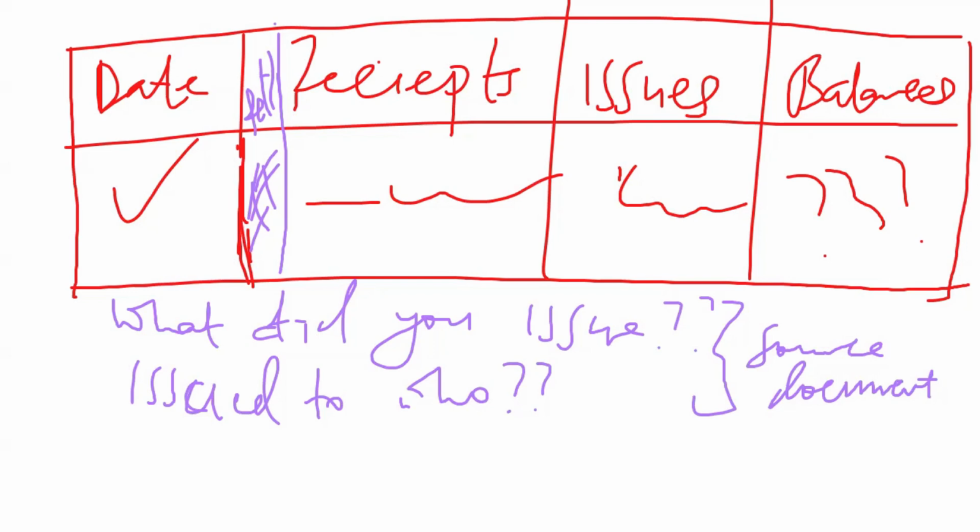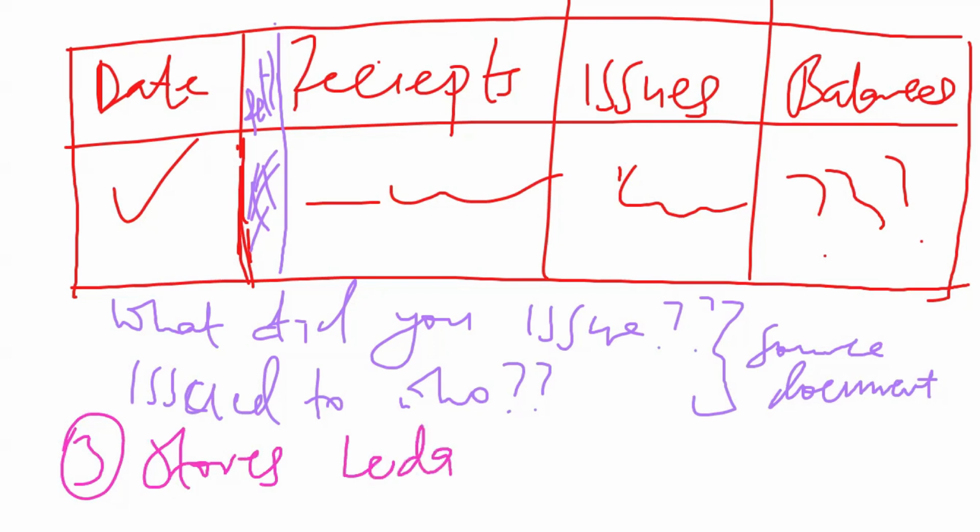But we also have another document that looks like a bin card, but it incorporates the monetary values, and that document is called the store ledger card. So the third category that we may look at will be our store's ledger card.